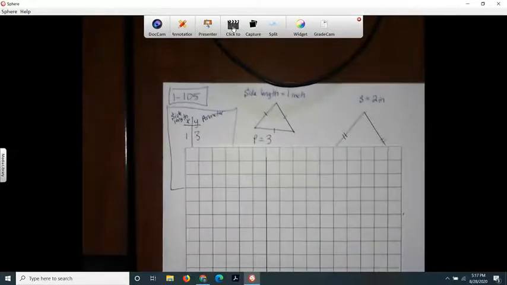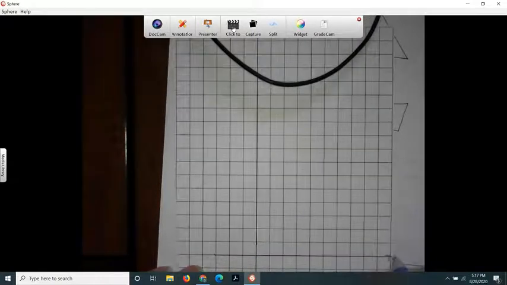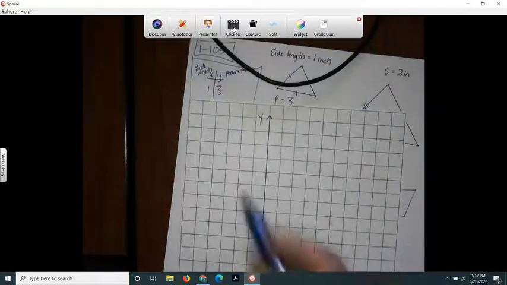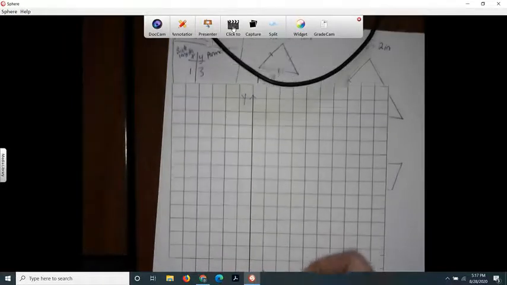Okay, so if this is x, then this must be y. So I have 1 comma 3. So if x is 1, y is 1, 2, 3. And I know my slope is 3, so I can just keep going. 3 over 1.